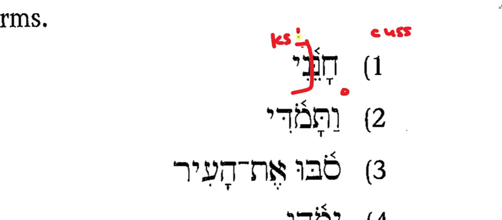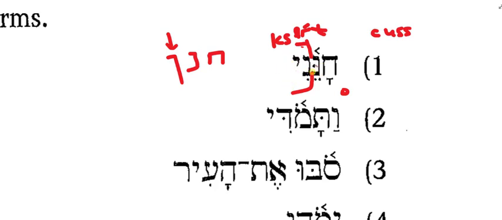Okay, great. So that means that if I strip that away, all I have left is a chet, nun, and what did we say that dot was there? That's a dagesh forte. So what might I have for my root letters? That nun's doubled. Yeah, Hanan. Okay, so this nun here, the second nun you see, that's not the second nun of Hanan. That's part of the 1CS pronoun. So don't get that mixed up, okay?